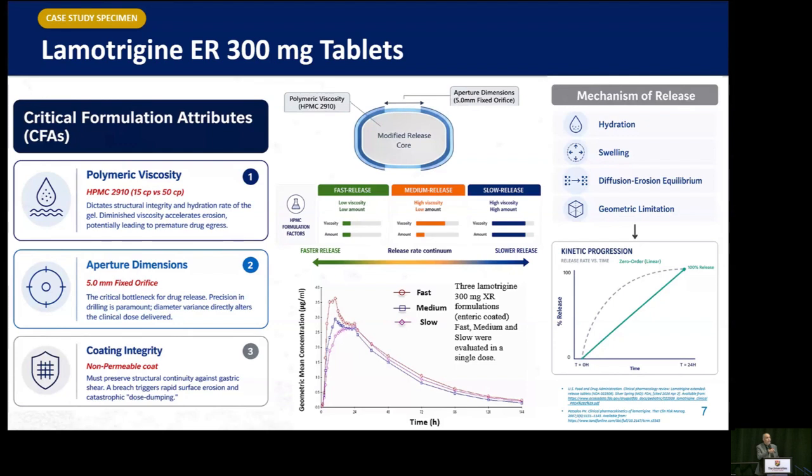And you can see the in vivo profiles of these slow, fast, and medium formulations. So there is some proportionality of the release depending on the in vivo release of the drug and its absorption. So we can say that we may use these 3 formulations to develop a PBPK model and to validate it as well.